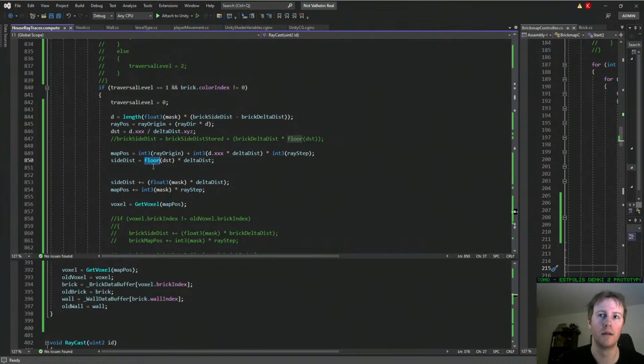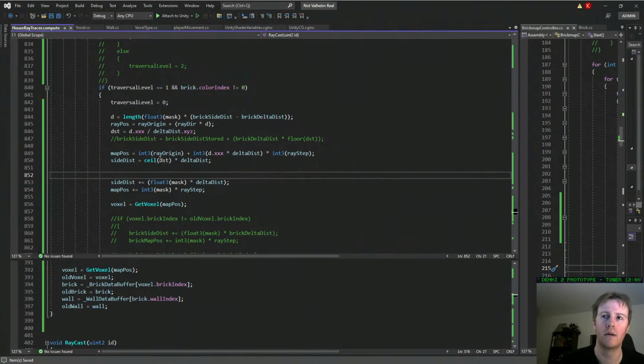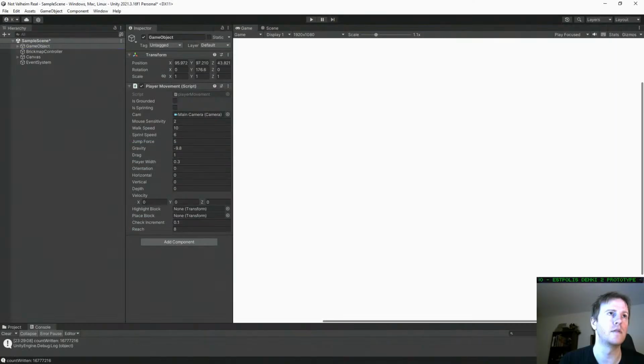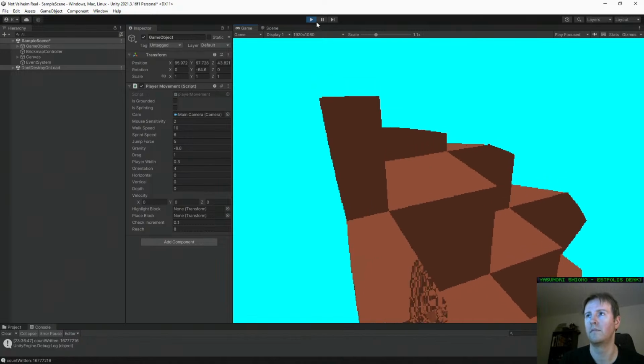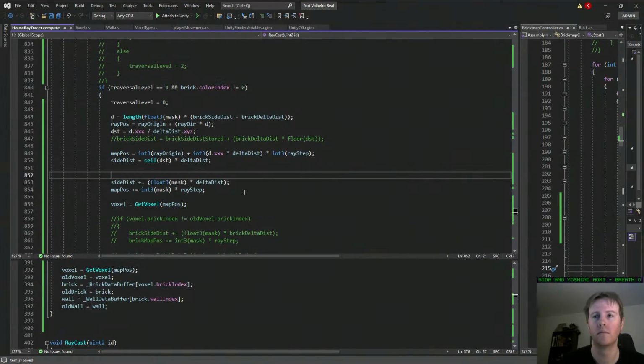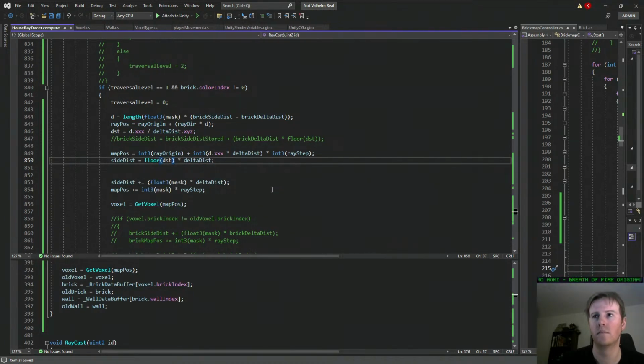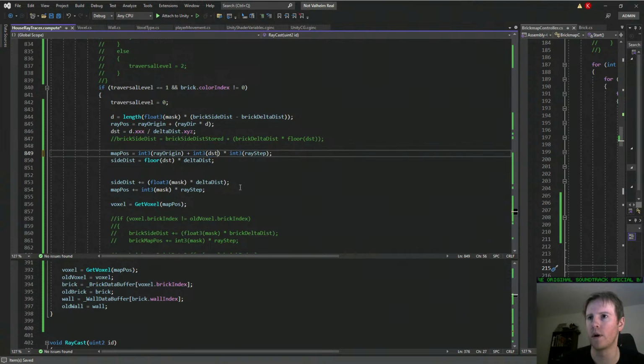Maybe this should be ceil. Does that even work? I think it might be ceil. But it's not gonna work. But this is still wrong as well.